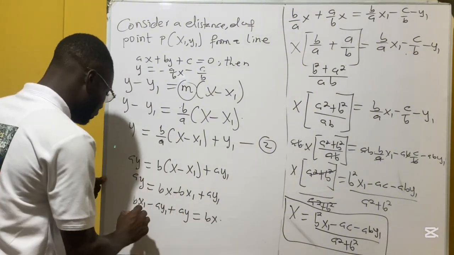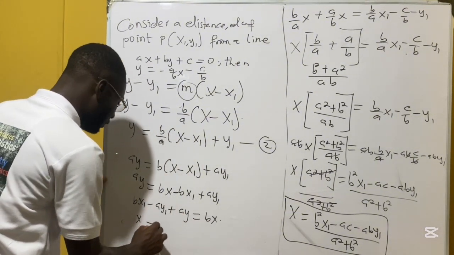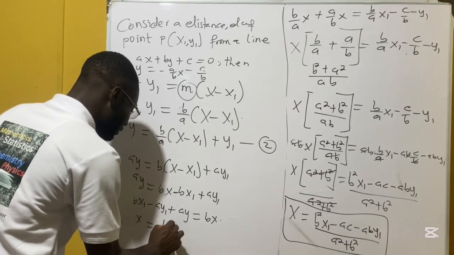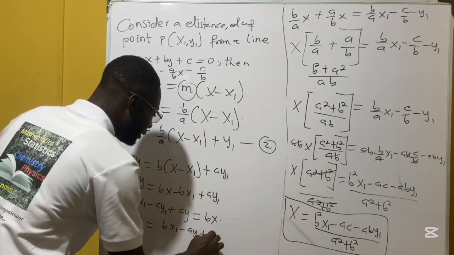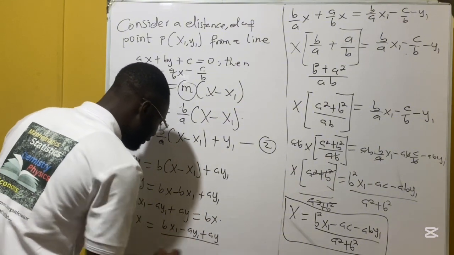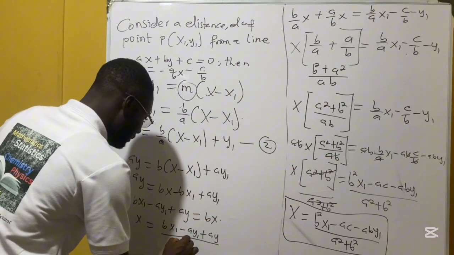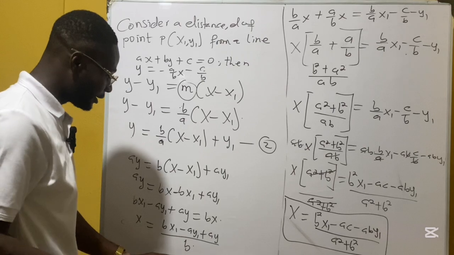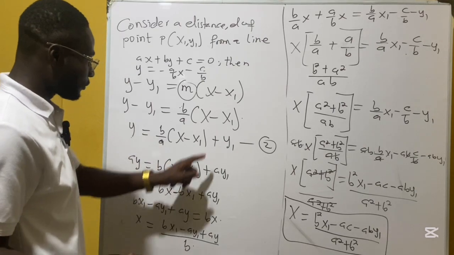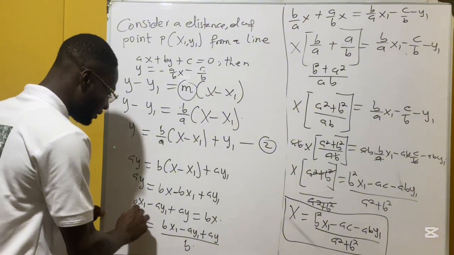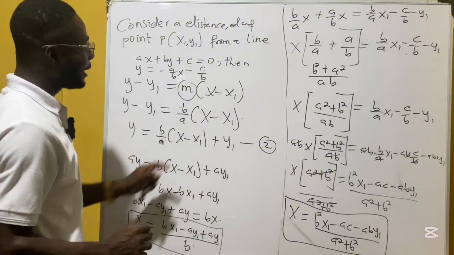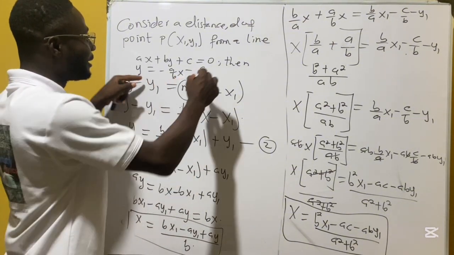We need x, so we're going to have x equals bx1 minus ay1 plus ay, and that is over b, right? So this is what we have for making x the subject in this equation. So we have this here. Let's try to make x the subject in this as well.